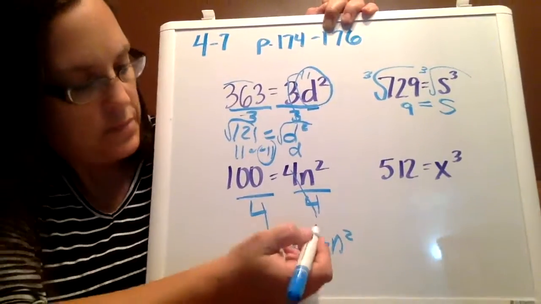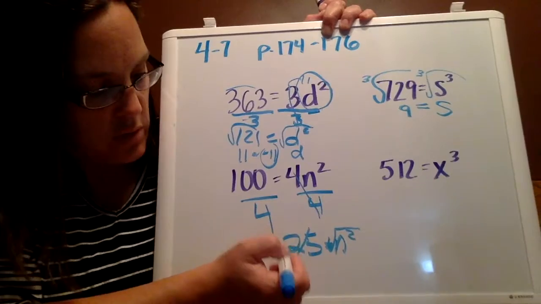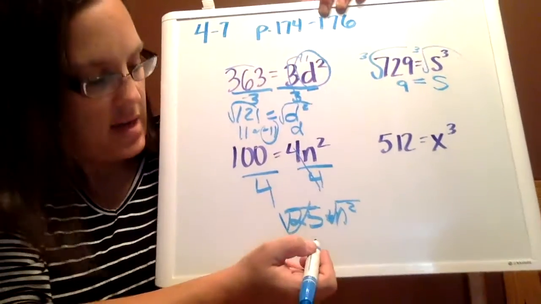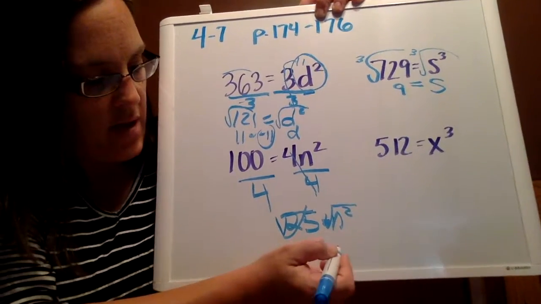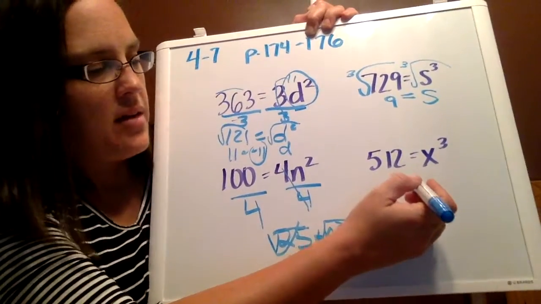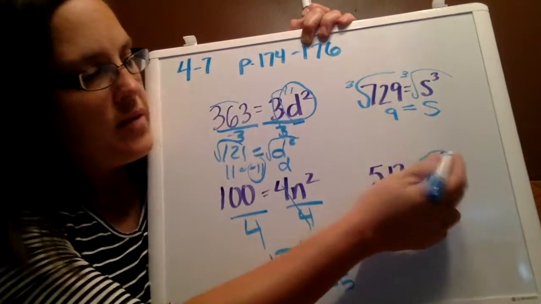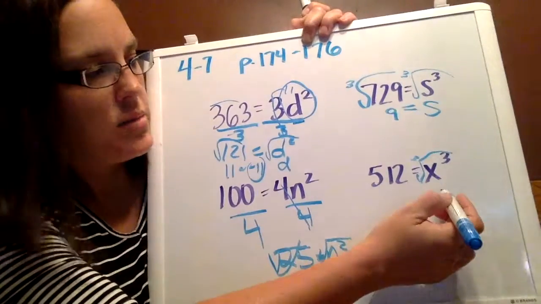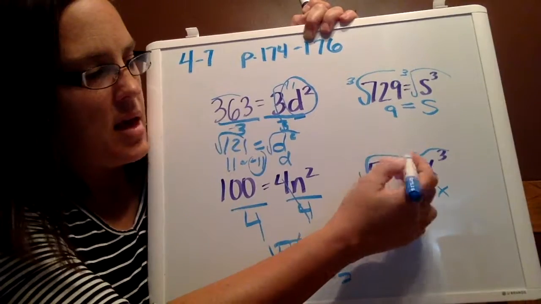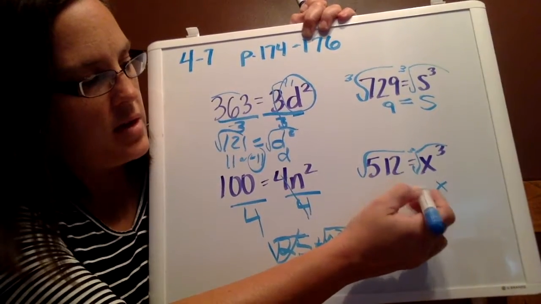So, square root of n squared, and the square root of 25 is equal to 5 and negative 5. Finally, for D, the cube root of x cubed is simply x, and the cube root of 512 is 8.